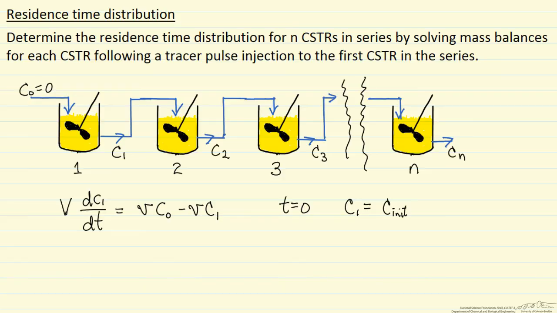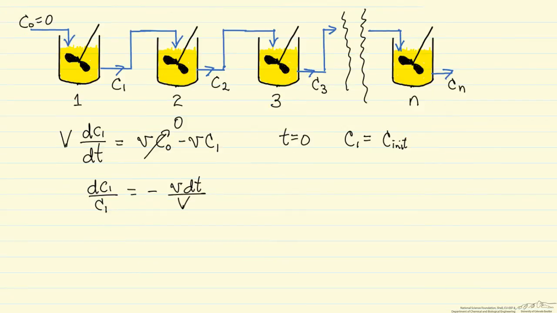So to solve this mass balance, remember this is 0, and so we can separate variables. Then once we've separated variables, we're going to integrate from time equals 0 to some later time, and from the initial concentration to the concentration at some later time.